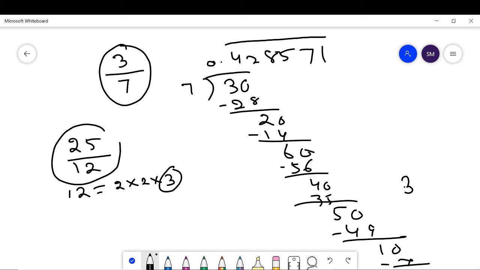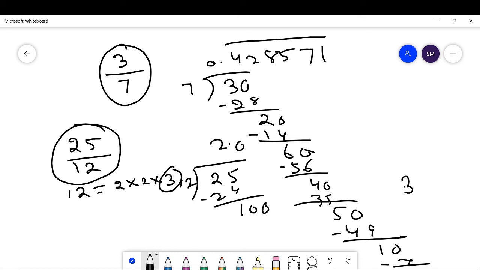Then this doesn't give us a terminating decimal number. Look here. 12 2s are 24, then 1 0. Put the decimal. Put 0 here, another 0. 12 8s are 96, then 4 0. 12 3s are 36, then next 4 0.